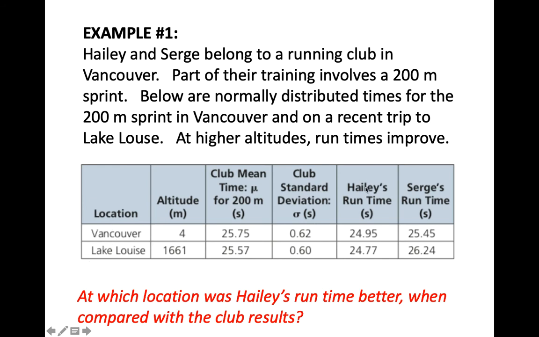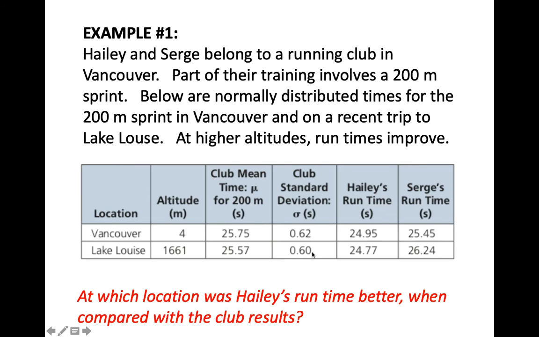And we wanted to look at one of the runners' times, Haley's times. We were asking, when did she run her best time in comparison with her club's results? We looked at the results and realized that in both races she ran faster than her club, but it's pretty hard to tell when she actually ran her best time because they have different means and different standard deviations.